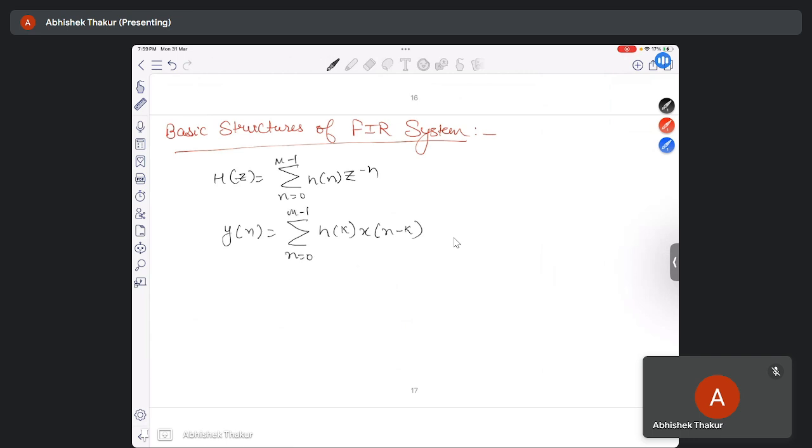So here y and x are the output and input sequence. So we can realize this like this. So this is our x of n minus 1 if this is our x of n. And then again, this is our x of n minus 2. So dot we can realize.